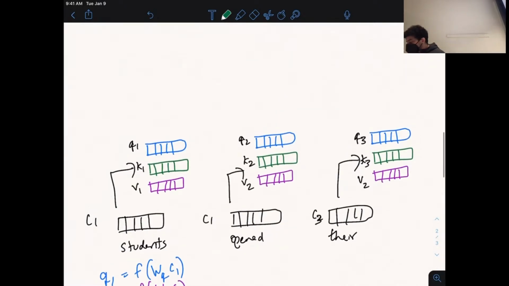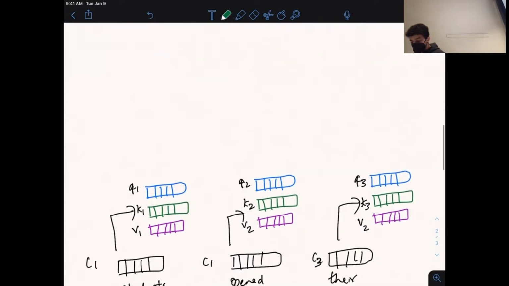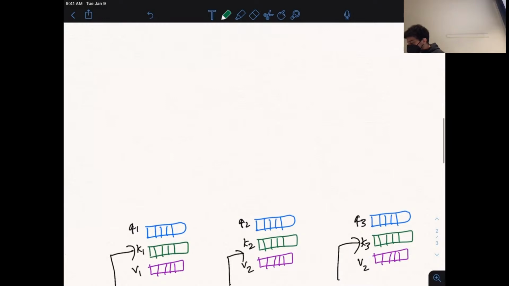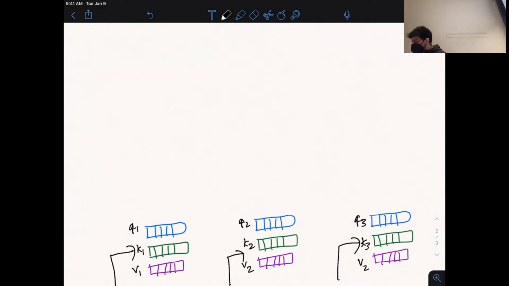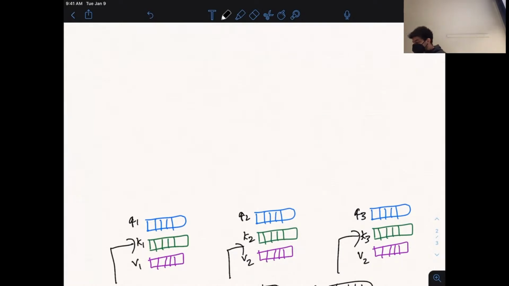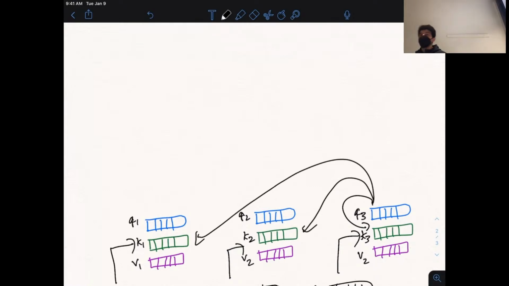So let's start with the third position of this sequence. That's students open there, and I'm trying to predict the word books. This is our standard case. So what I'm going to do is take the dot product of Q3 with K3, Q3 with K2, and Q3 with K1.